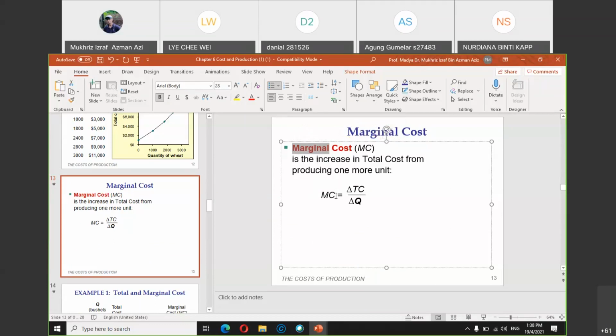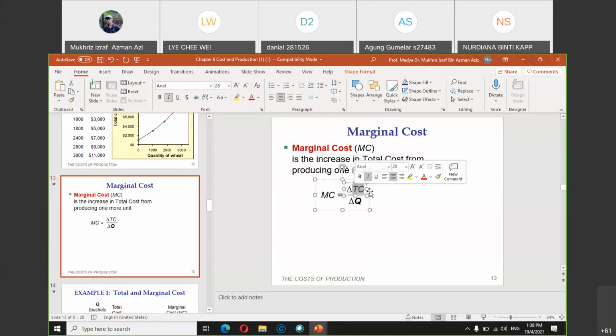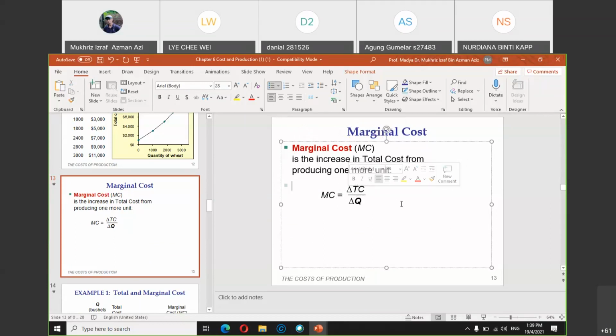So how do you calculate the change in the cost, and which cost are you referring to? It will be the change in total cost. Not fixed cost, not variable cost, but the change in total cost, meaning the sum of fixed plus variable cost. So the change in total cost divided by the change in output. Then you can calculate the marginal cost.